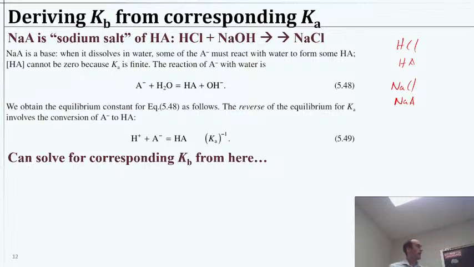To get Kb, we can flip what's normally we say HA is in equilibrium with H+ and A-. If we invert that and swap it, we can say this is Ka to the minus 1. Or we could solve and get the Kb here.